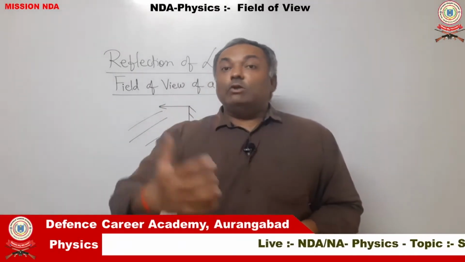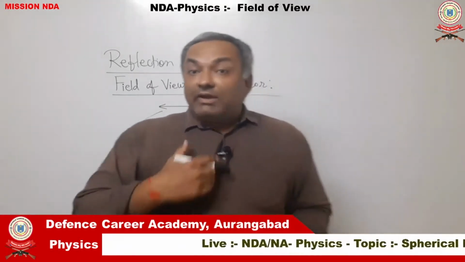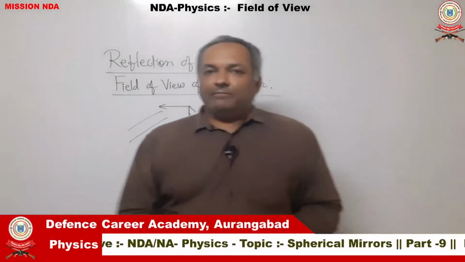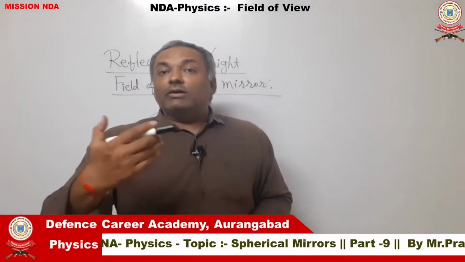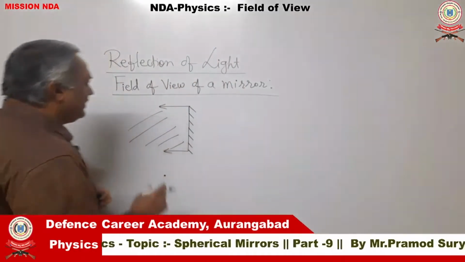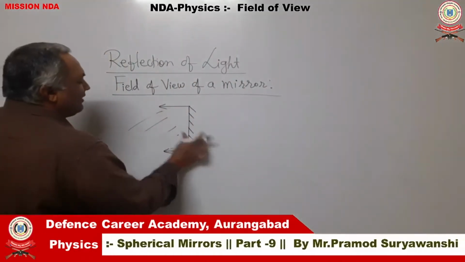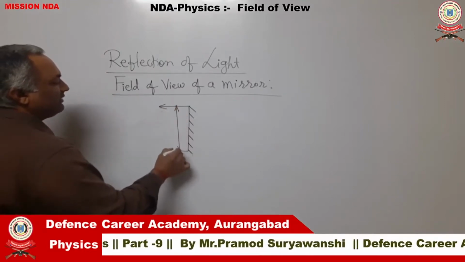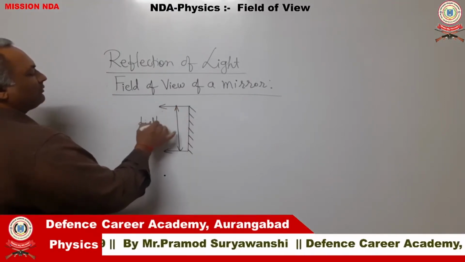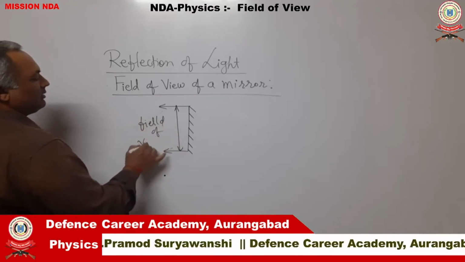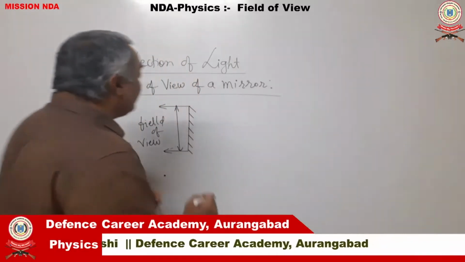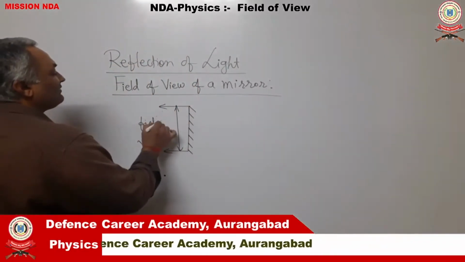So I will be able to see its reflection in the mirror if I am also standing in front of the mirror in this space. Roughly or approximately, for a plane mirror, this is the field of view.